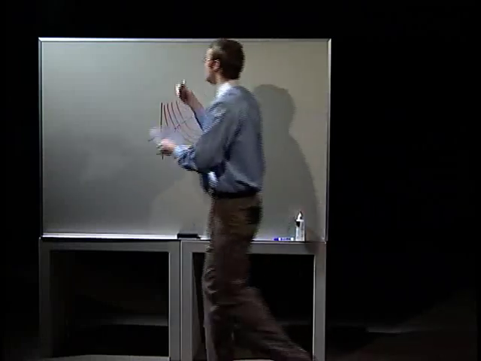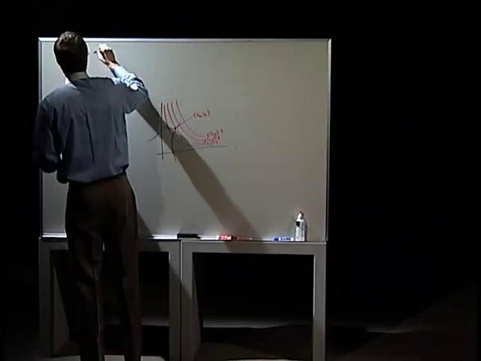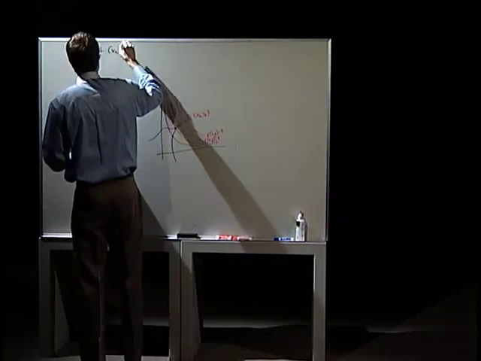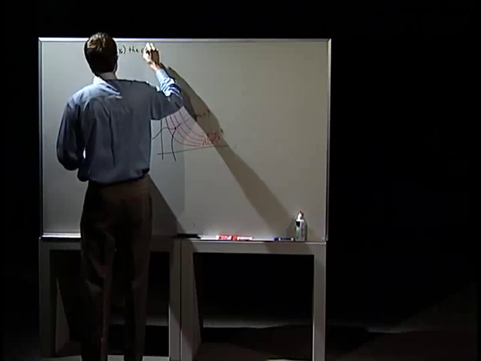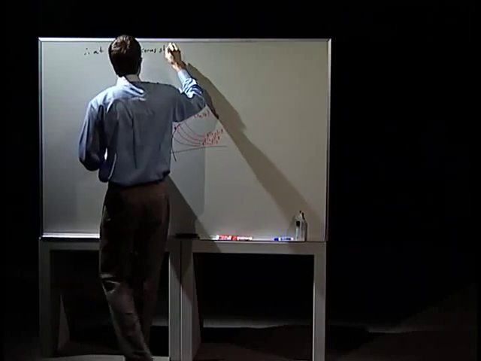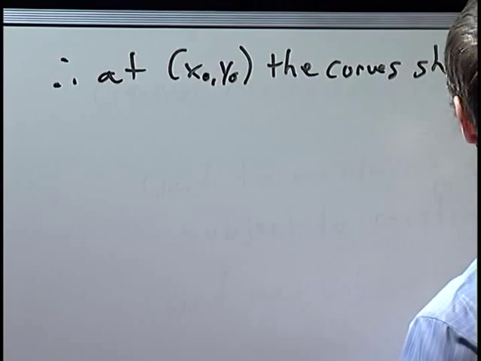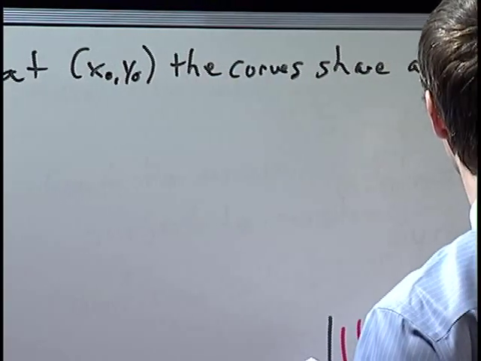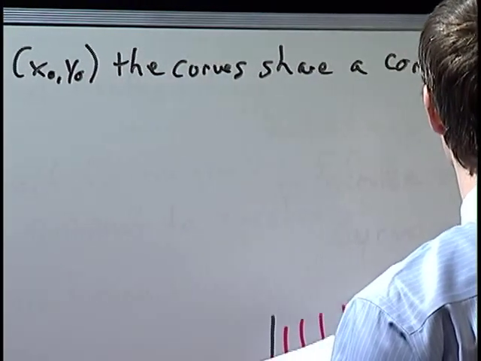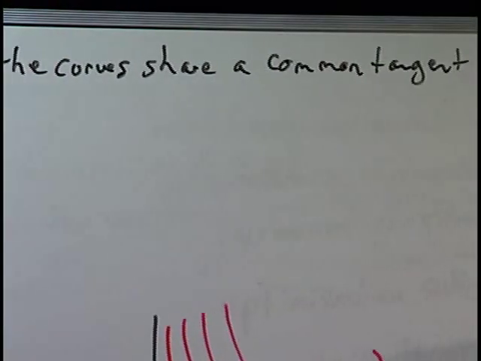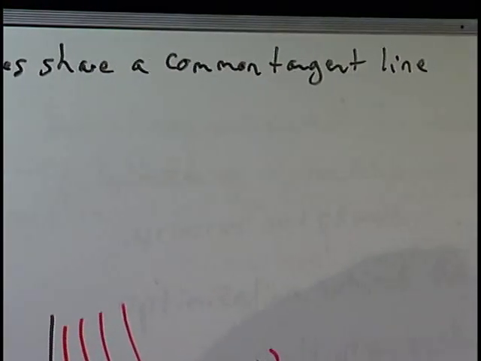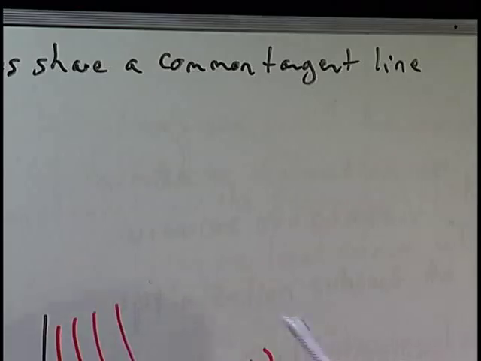So at x naught, y naught, the point where they just touch, the curves share a common tangent line, right? I mean, these two curves are tangent at that one point. They touch at one point, so they share a common tangent line, okay?